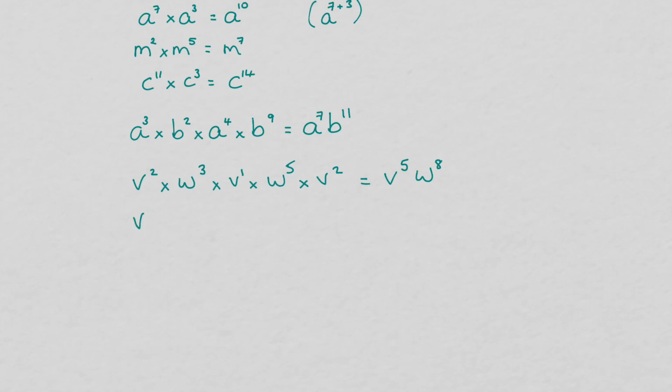So we could say v squared times v to the power 1 times v squared, and then put the w's next, times w to the power 3 times w to the power 5. So then we can see a bit more clearly that we've got v to the power 5 and w to the power 8. But you don't have to rewrite that to be able to do it.